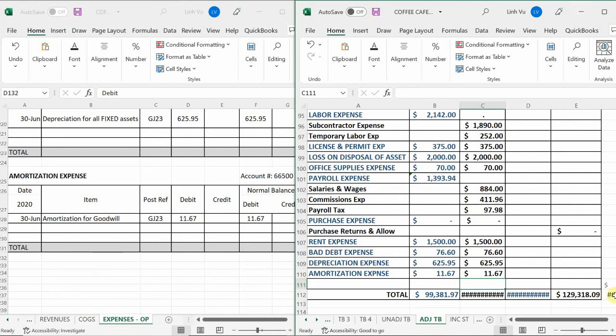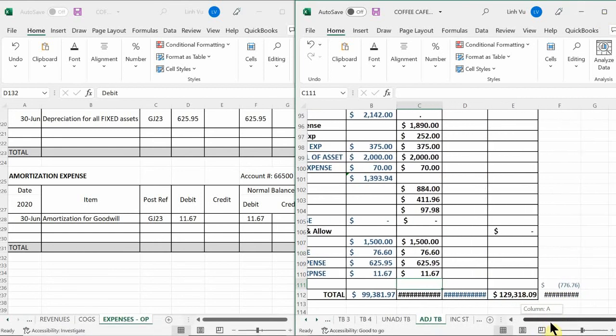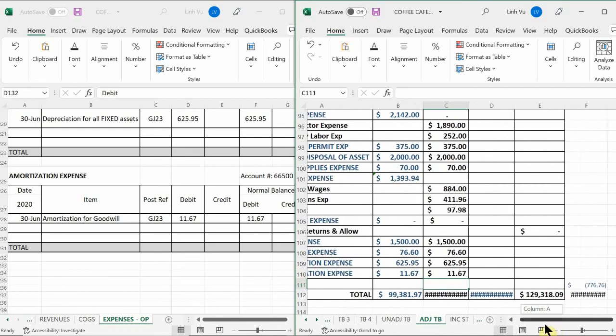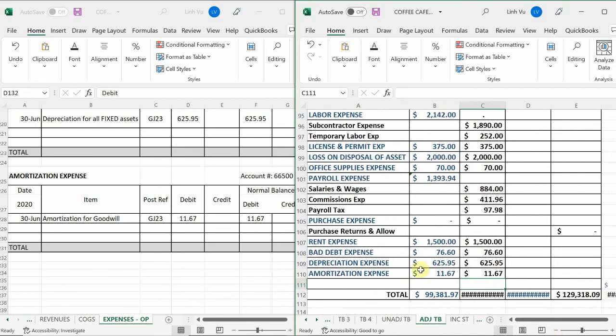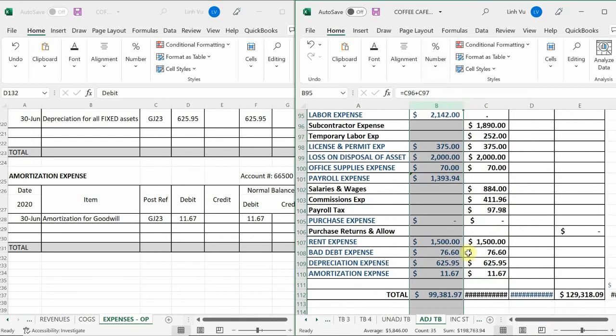So let's see. Do I have any discrepancies in my formula? Oh, I'm off by $776.76. What is that? I must have typed something in. I think it was around the loans.